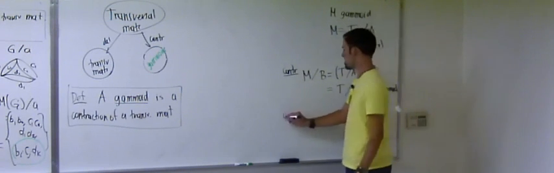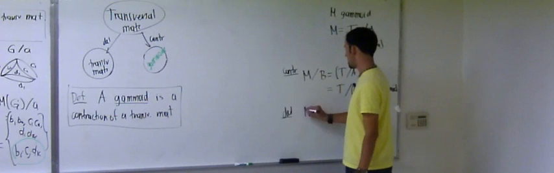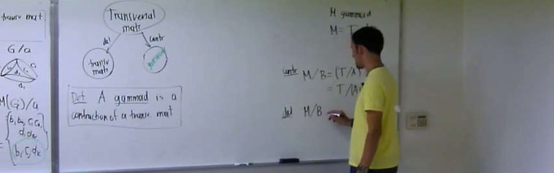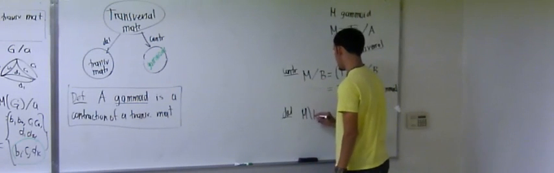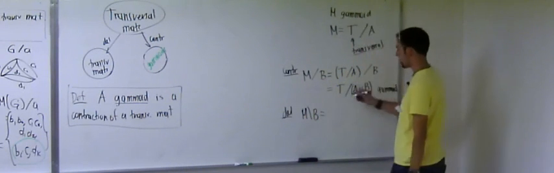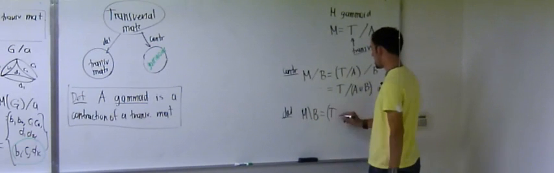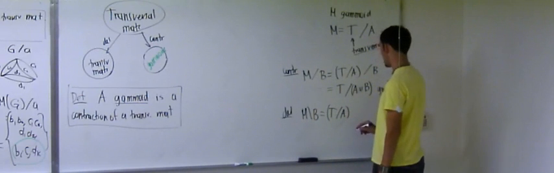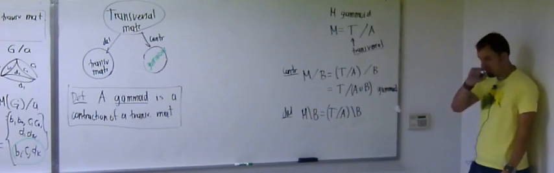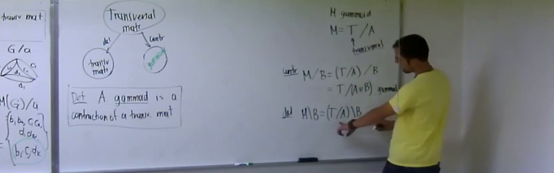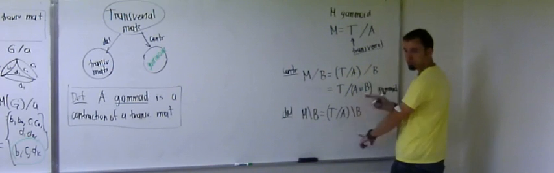What about a deletion? If you delete B, then by definition, M is T contracted A, and then you delete B. Is this a gammoid? Well, what you have to do now is remember that, again, deletion and contraction commute.